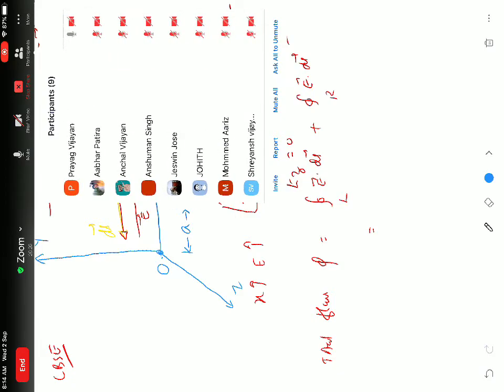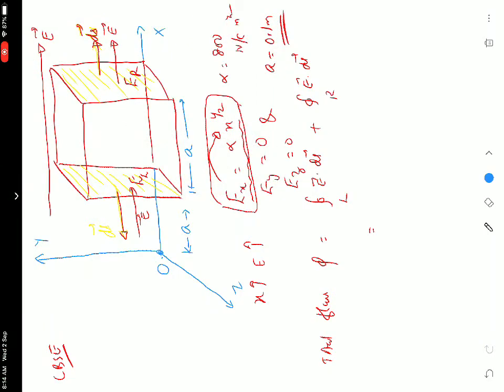Shreyansh Vijay, the direction of electric field and ds vector on the left side face. Mohammed, quick answer. Sir, opposite. Opposite. So in this case, the E vector is opposite to the ds vector, theta equals 180 degrees.